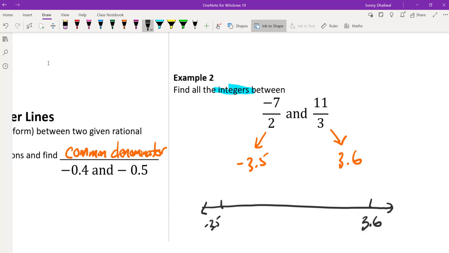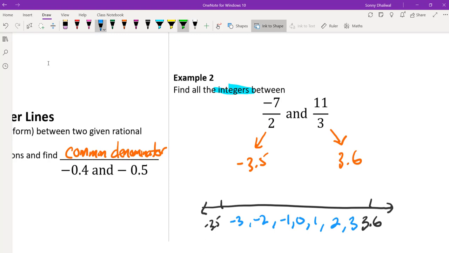What are all the integers in between? So you start from the left and you work your way over. What would be the integer immediately to the right of the negative 3.5? Negative 3, right? Then what comes after that? Negative 2, negative 1. What's after that? 0. Don't forget about 0. 1, 2, 3.